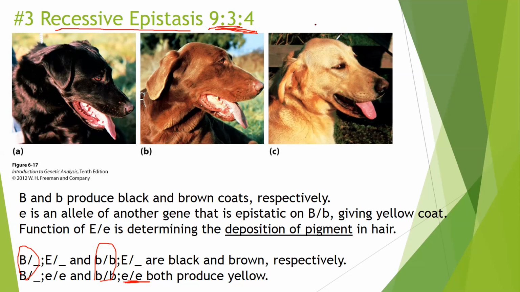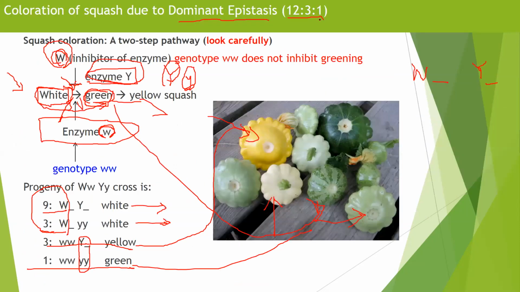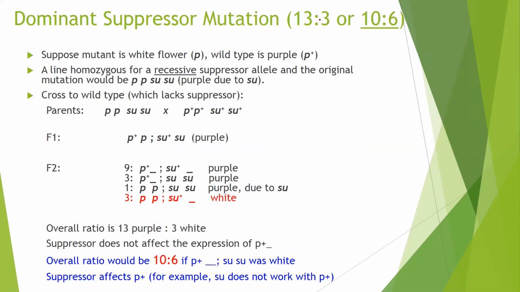Okay. I also had a question again about the dominant suppressor mutation with the purple and white flowers. Let me see. This one, right? Oh, this one? Yes, that slide. Okay. So I'm still a little confused on the P plus SU, the second line.